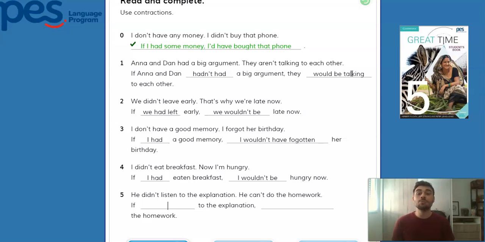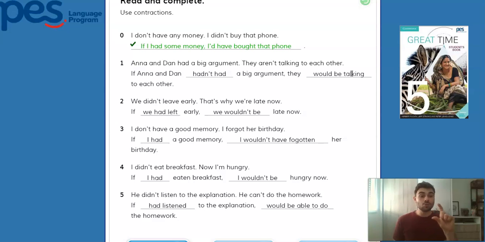And finally, number 5, we have, he didn't listen to the explanation. He can't do the homework. So if he had listened to the explanation, he would be able to do the homework, right? Remember, we can't use would and can, okay?